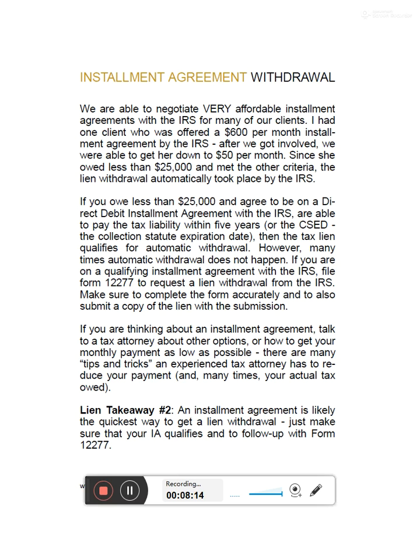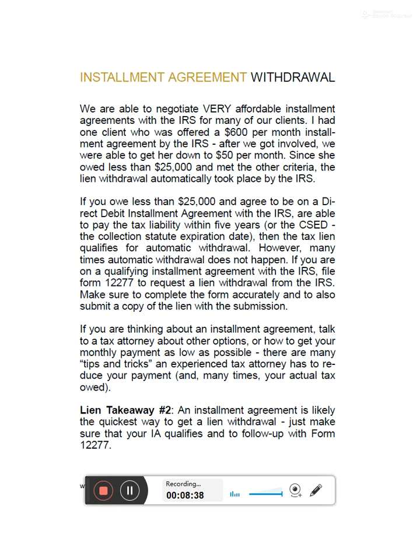However, the IRS never or rarely automatically withdraws the lien. You've got to request it. So when I work with my clients and they meet those criteria, I'm automatically sending in Form 12277 to get that lien withdrawn, even if it's not necessary, because that happens quite a bit where the IRS doesn't automatically remove that lien.